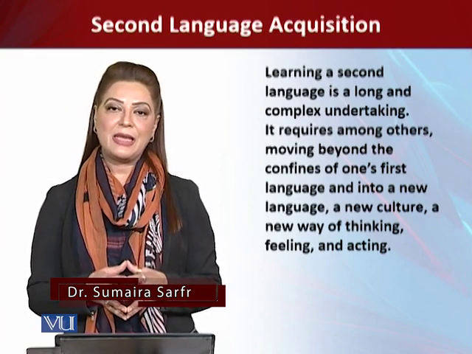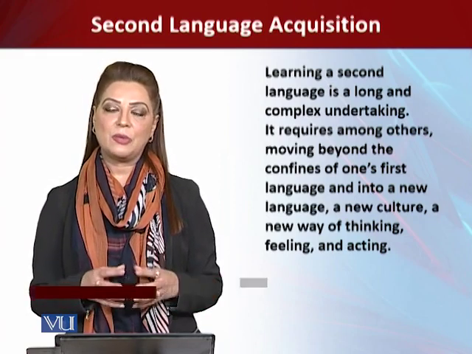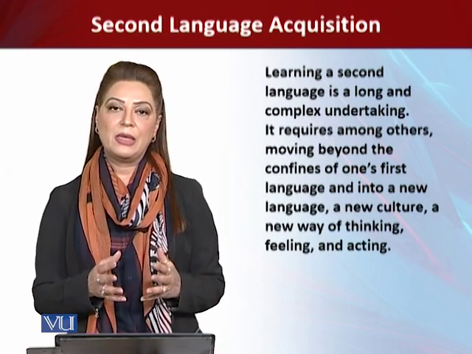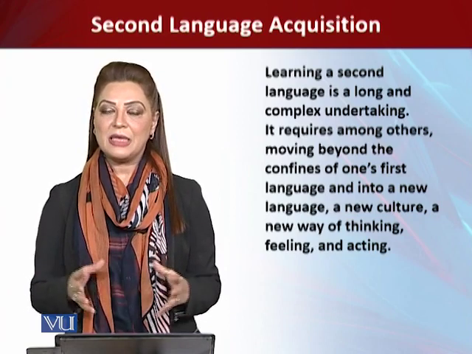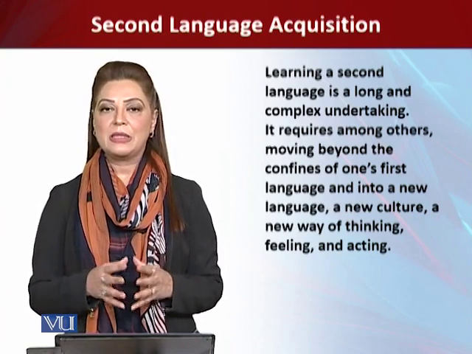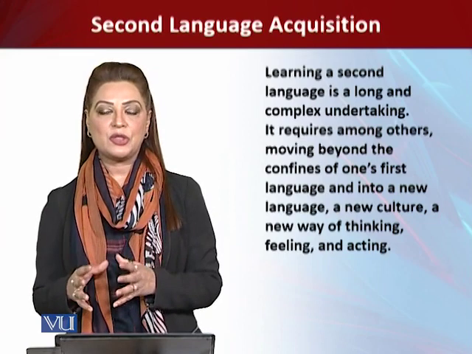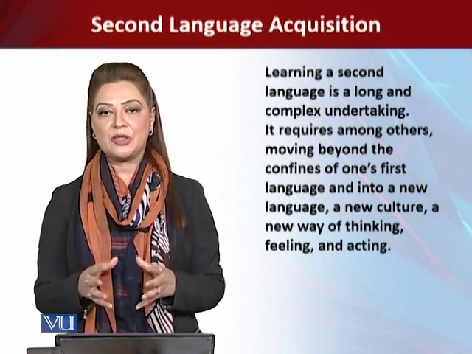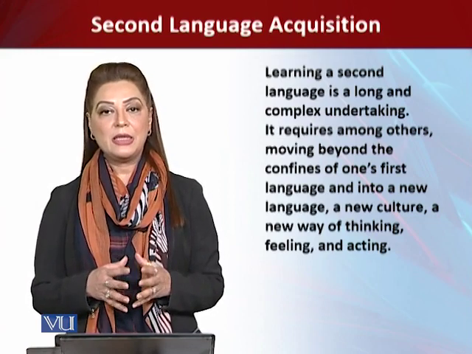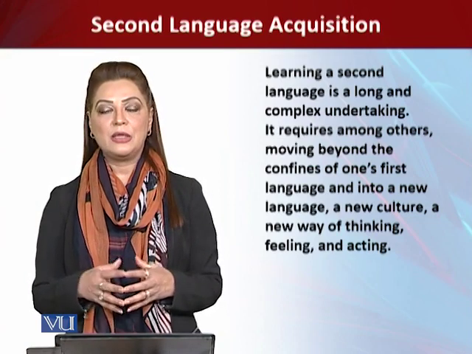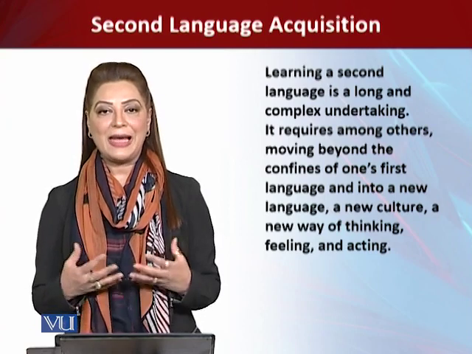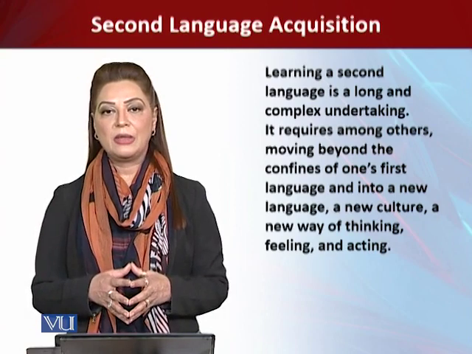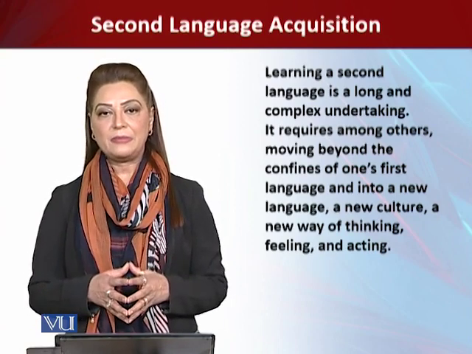So you can see that second language acquisition requires a learner to transform in terms of the understanding of a completely new grammatical structure of another language. So it's not just the grammatical structure. In addition to that, it is a new way of thinking, feeling, acting, and also having the orientation of a new culture.